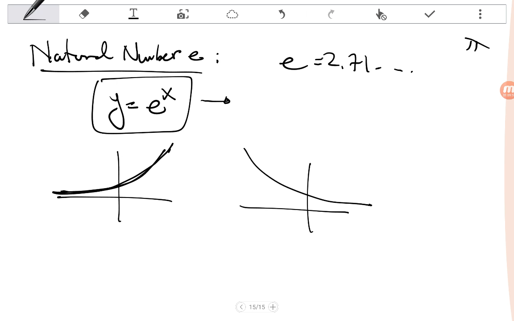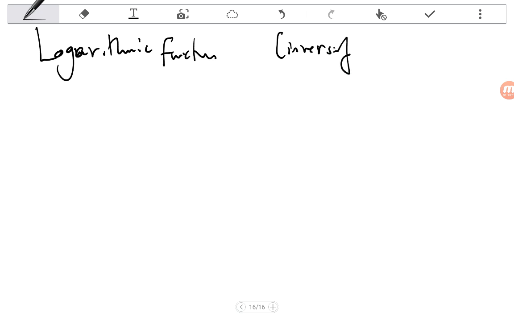Okay. Also, we have the logarithmic function. Have you studied the logarithmic function before? The log. Yes, the logarithmic function. A logarithmic function is called the inverse of the exponential.